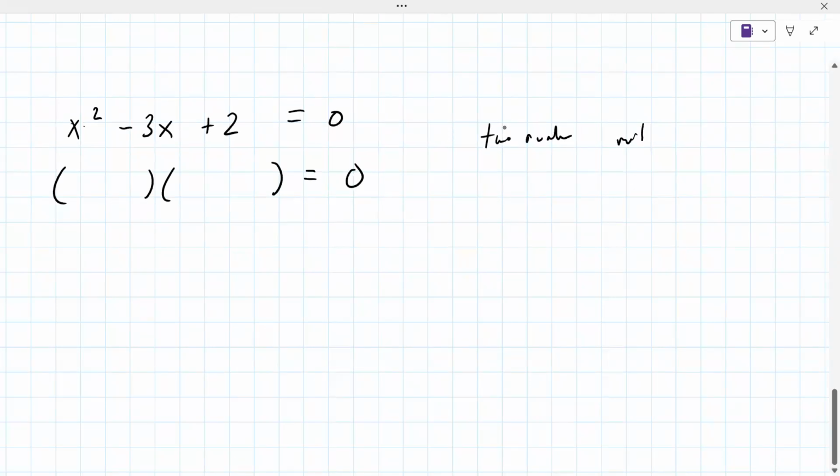They have to multiply to positive 2, but they have to add to -3. Multiply to 2, but add to -3. Any idea what those could be? -2.